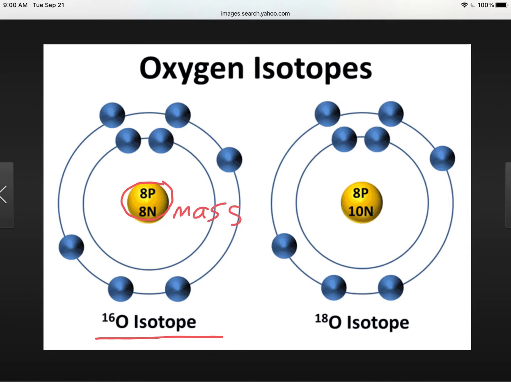So here I have 8 neutrons, and here I have 10 neutrons. This is why my mass here is 16, and here my mass is 18. Because your neutrons change, your mass will also change.